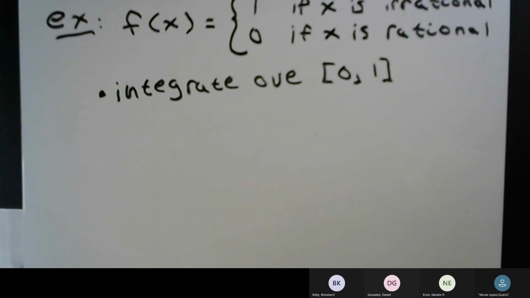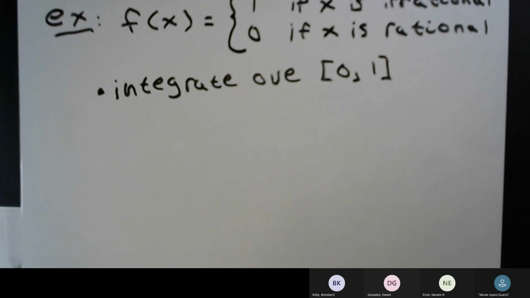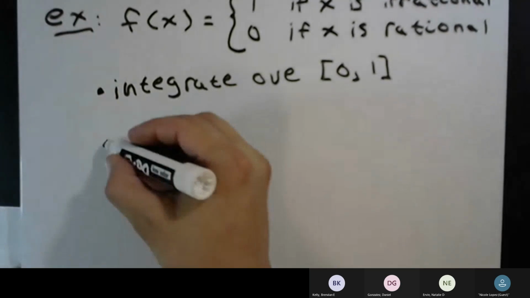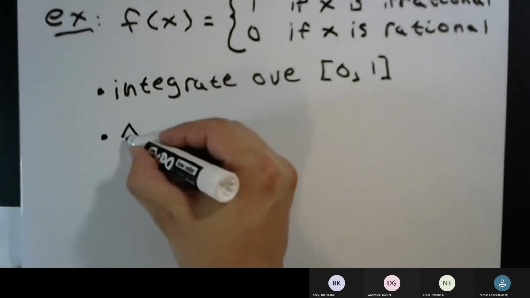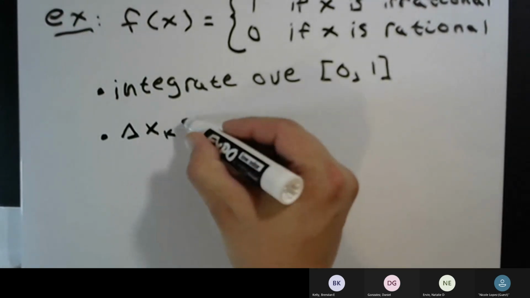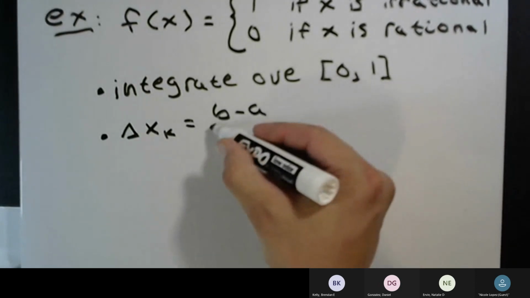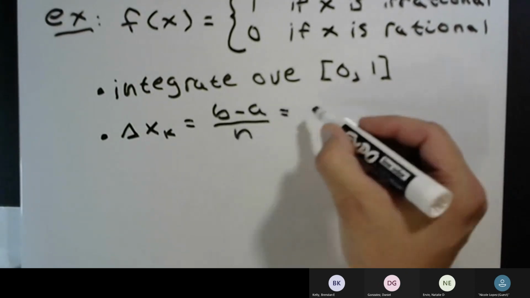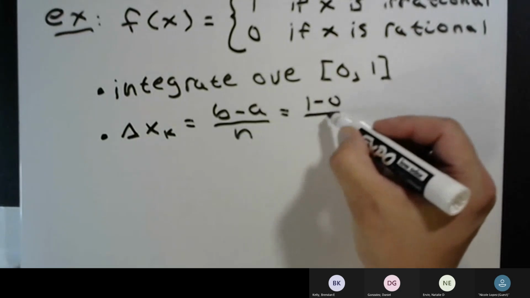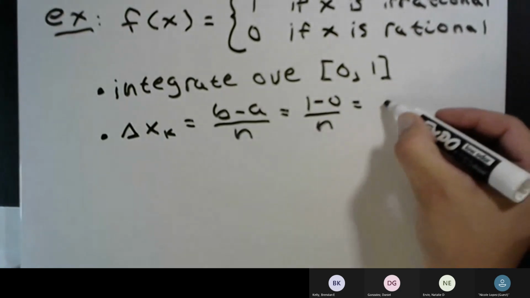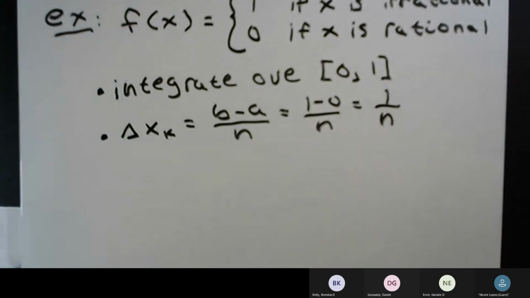And let's say you come up with a partition. So we could let delta xk equal b minus a over n, or 1 minus 0 over n, or 1 over n.